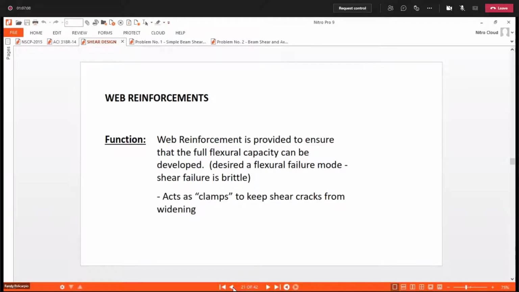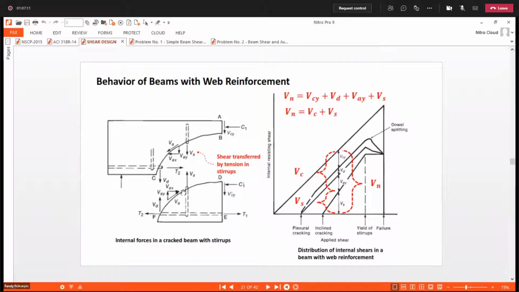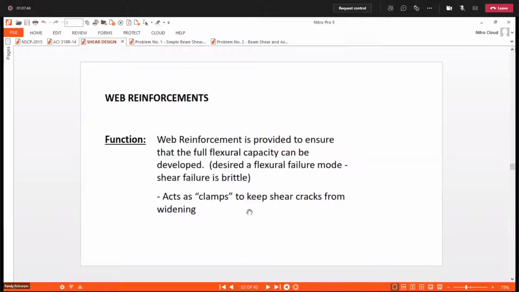If you put shear reinforcement, the crack will not develop because the shear reinforcement prevents it from opening, since it resists the shear force or shear stress developed there. So this serves as a clamp to prevent the crack from opening. That is the function of the web reinforcement.